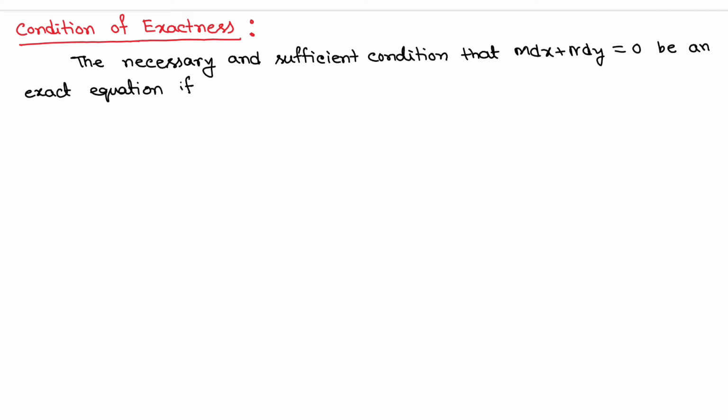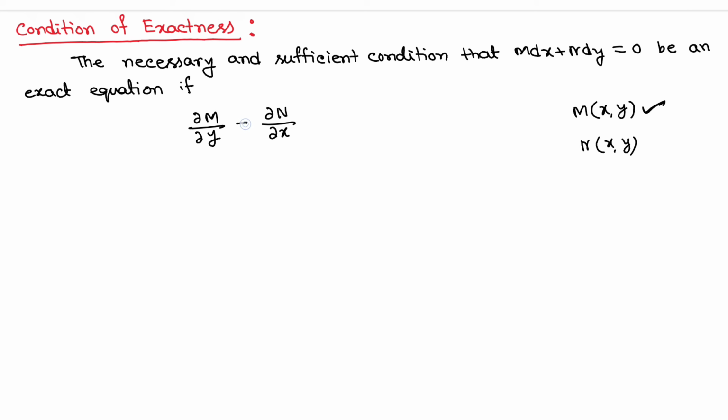M is a function of x and y, and similarly n is a function of x and y. So you can calculate del m del y, the partial derivative of m with respect to y, and similarly del n del x, the partial derivative of n with respect to x.